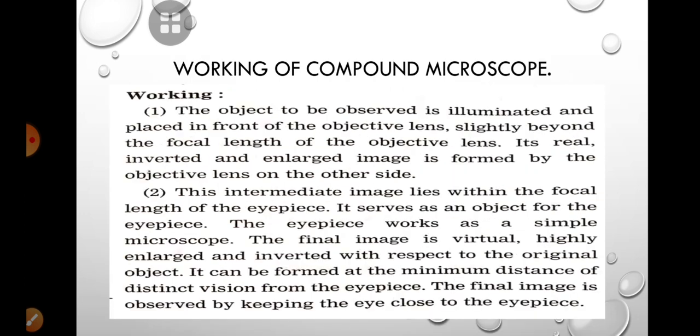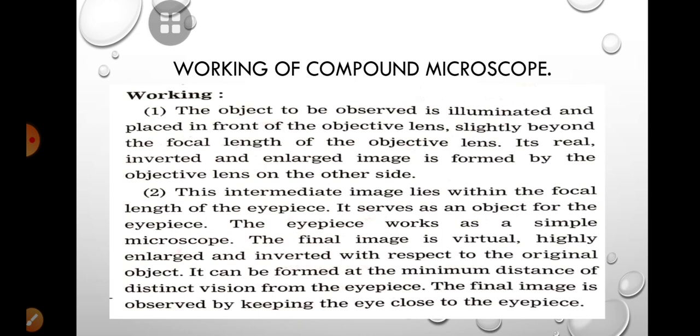So, what is the working of this compound microscope? The object to be observed is illuminated and placed in front of the objective lens, slightly beyond the focal length of the objective lens. Its real, inverted and enlarged image is formed by the objective lens on the other side. The intermediate image lies within the focal length of the eyepiece.